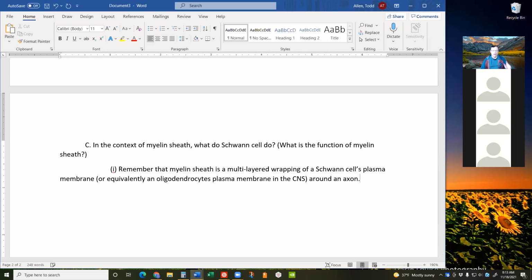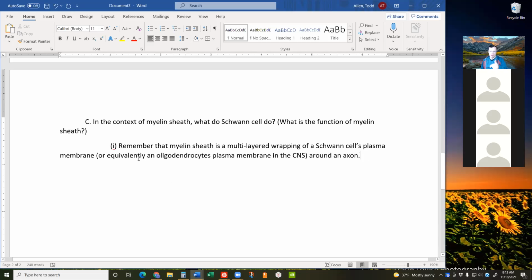And let me highlight something for you here, folks. Myelin sheath is not really myelin sheath until it is a multi-layered wrapping.